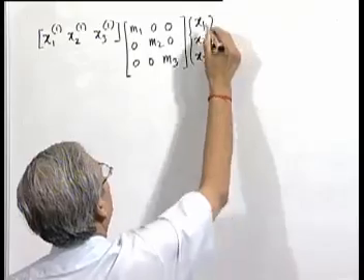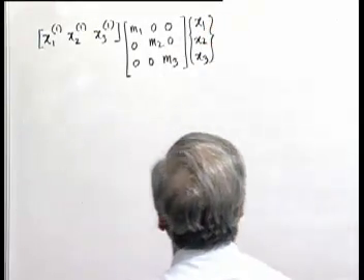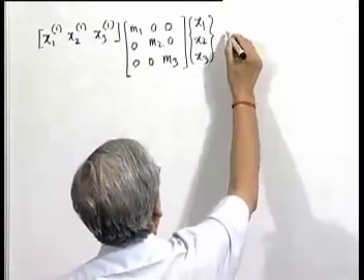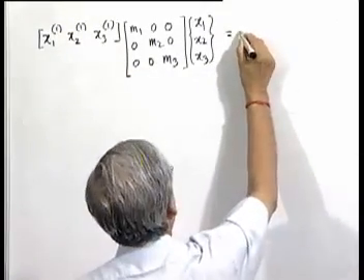When I am not putting anything superscript, it means it is not actually a mode. Whenever it is a mode, it is there. So, this is equal to 0.